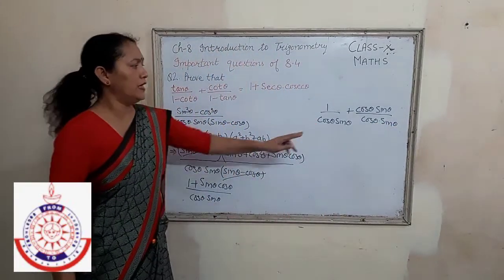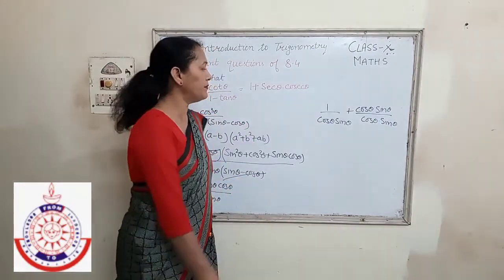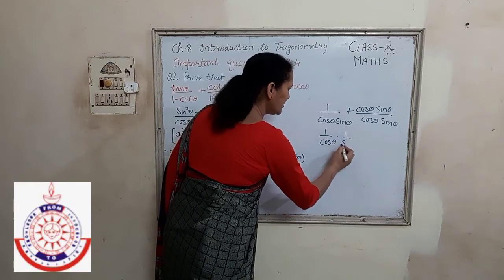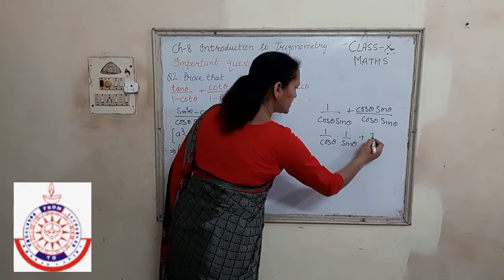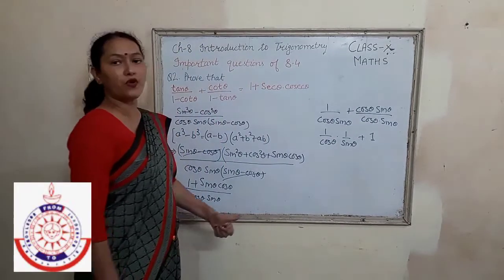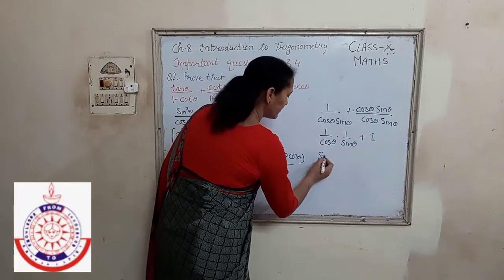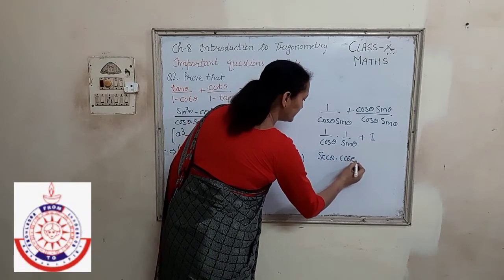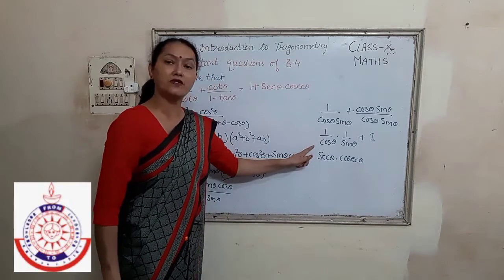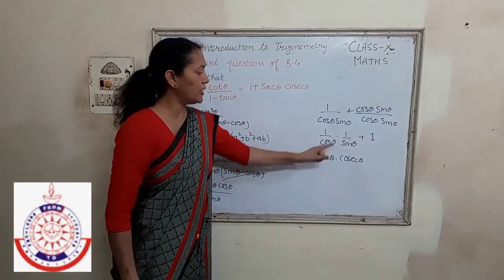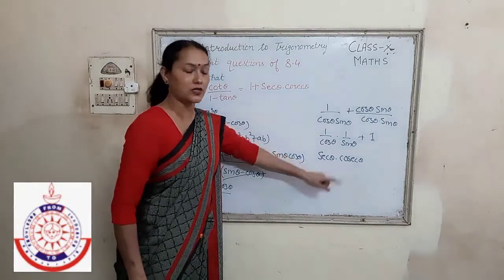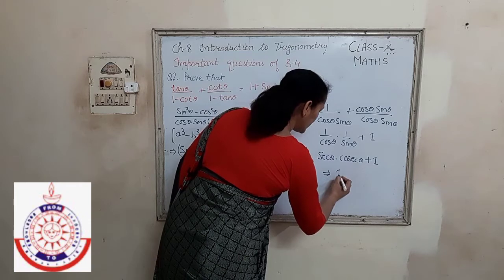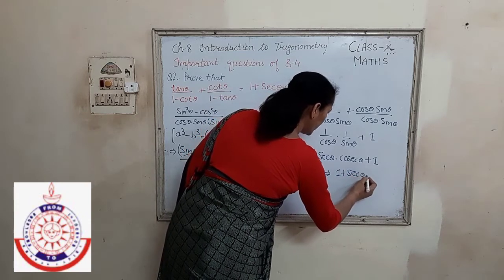Now see, here terms will get cancelled, 1 will come, and here we have 1 upon cos theta into 1 upon sin theta, and this has become plus. 1 upon cos theta means what? Secant theta, and 1 upon sin theta means cosecant theta, plus 1, or we can write it as 1 plus secant theta into cosecant theta.